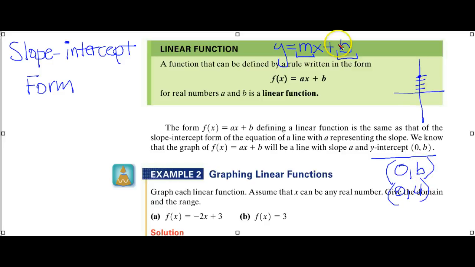That's why that's called the y-intercept. So this formula gets its name from containing the slope and the y-intercept, slope-intercept form. And we often call it a linear equation in two variables, x and y, which are your ordered pairs.